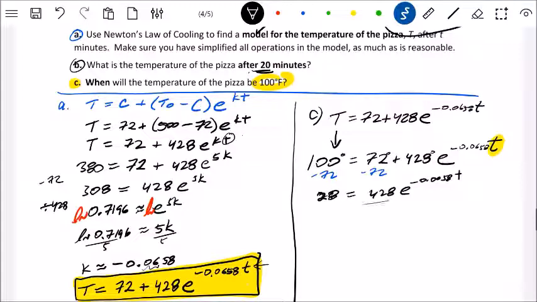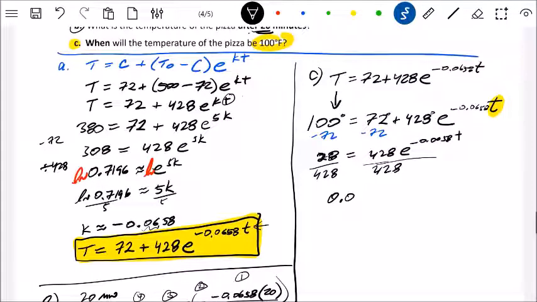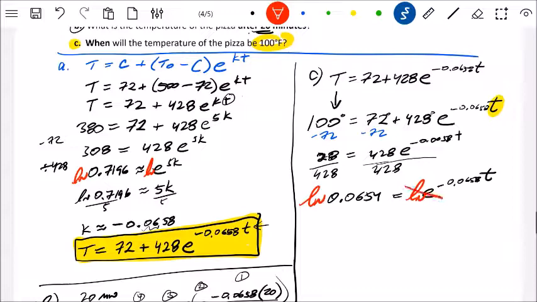And then we'll divide by that 428 here. That gives us a decimal of 0.0654 equals e raised to the power of negative 0.0658 t. To get that t down out of the exponent, we use natural log here, because natural log allows the exponent to become part of the regular area where you calculate things.